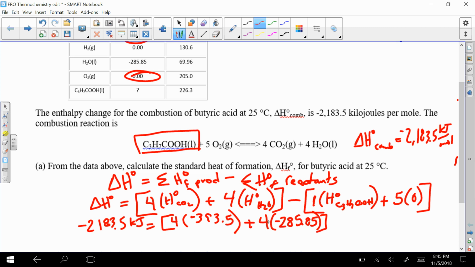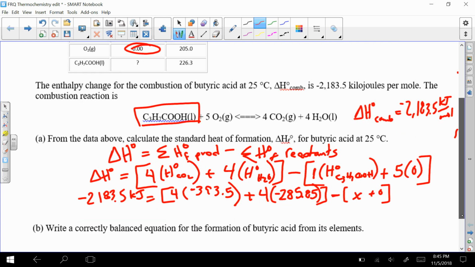Okay, and so we have all of that minus 1 times the H naught of butyric acid. So I'm going to call that X. That's our X, right? And then plus 0. So in other words, just minus X is all we have right there.